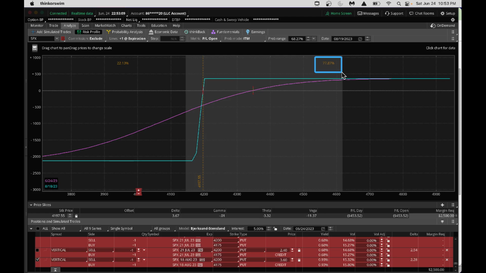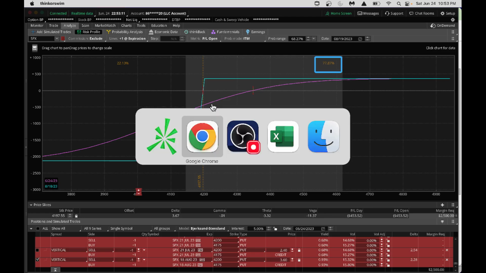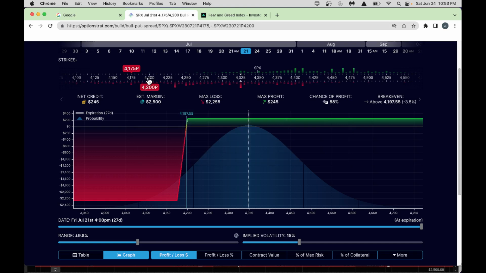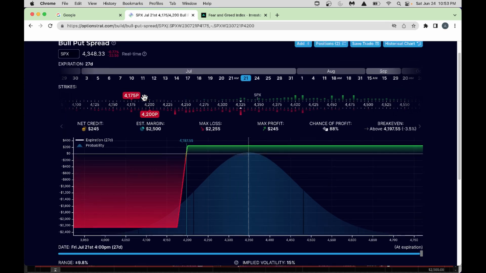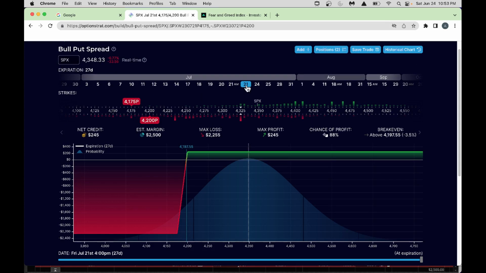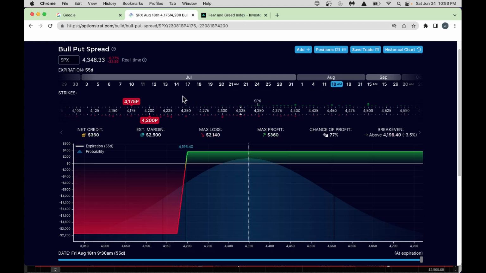For the folks who may not have the Thinkorswim platform, you could go into this platform right here, optionstrat, which is a very good tool. I recommend you look at this one here. So we could change from July 21st to August 18 just by clicking here. And same strike, we are selling 4200 and buying back 4175.